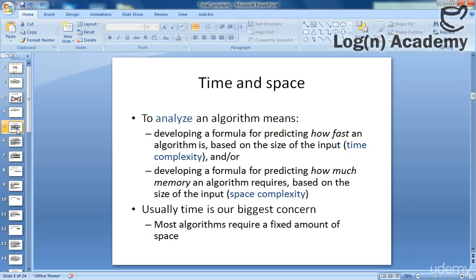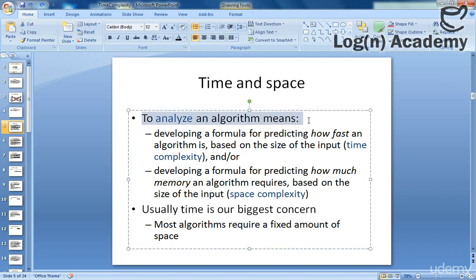Okay, so when analyzing an algorithm, we take two elements into consideration: time and space. To analyze an algorithm means developing a formula for predicting how fast an algorithm is, based on the input size.